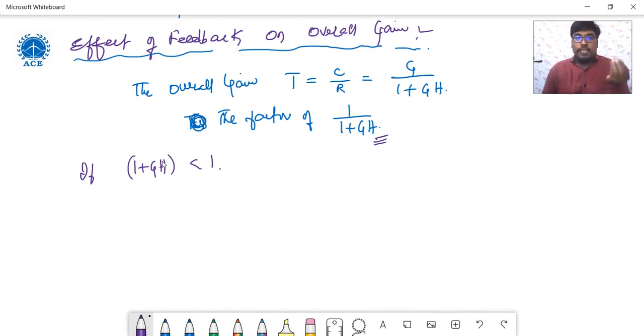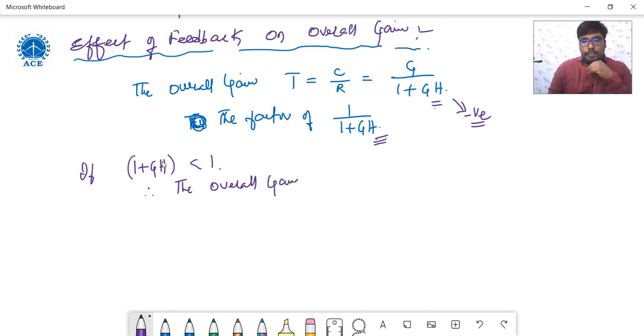The gain will increase in the negative feedback. Basically I considered negative feedback here, right? So if 1 + GH is less than 1, then the overall gain increases.